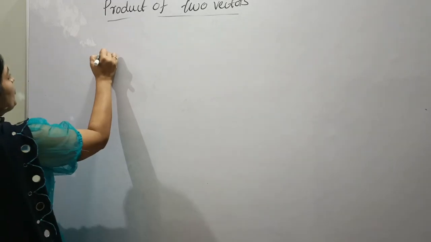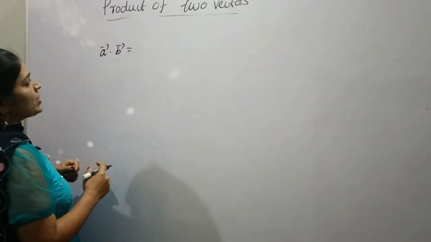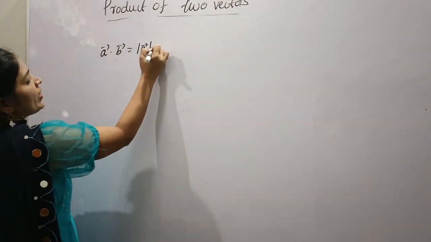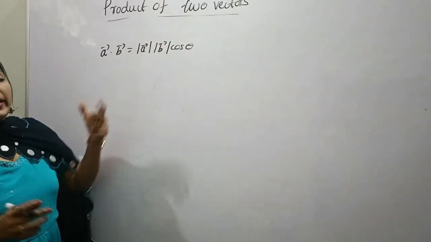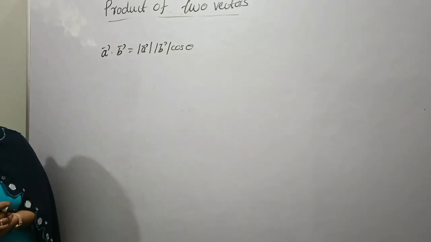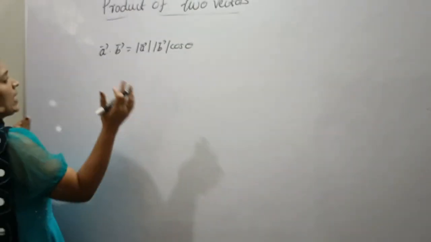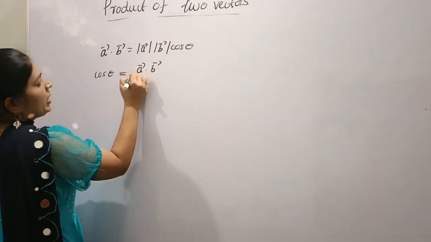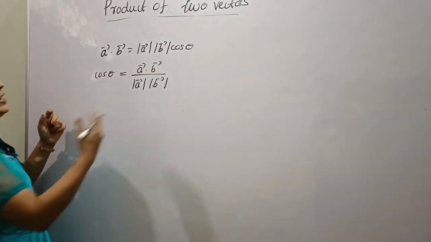Now we learned that dot product, vector A dot vector B, the scalar product of two vectors, vector A and vector B, is defined as vector A dot vector B is equal to modulus of vector A into modulus of vector B cos theta. Right? So here what is theta? Theta is the angle between them. So here we can write the angle between two vectors, vector A and B. Write this equation as cos theta is equal to vector A dot vector B divided by modulus of vector A into modulus of vector B. Now what is theta?